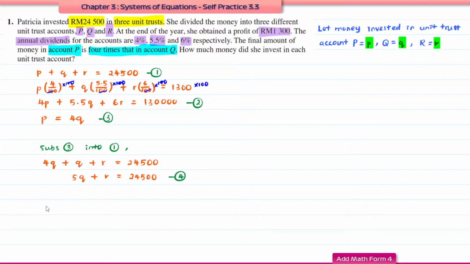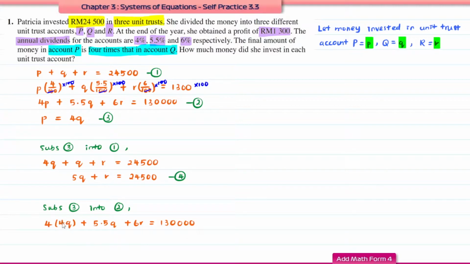Next, I'm going to substitute equation number 3 into equation number 2. Here you're going to have 4p, where the p is substituted with 4q, plus 5.5q plus 6r equal to 130,000.